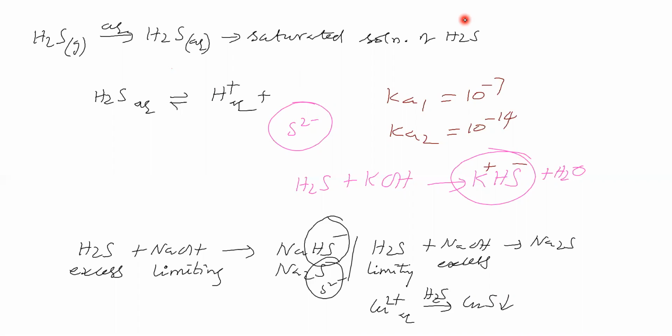In this solution two equilibria are there. There is no doubt, because experimental evidence is this one. Two equilibrium constants are there. For this equilibrium constant, one equilibrium; for this equilibrium constant, another equilibrium. These equilibria are totally different because the equilibrium constants are different.